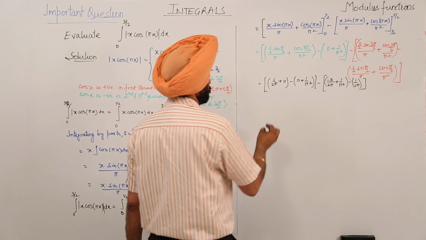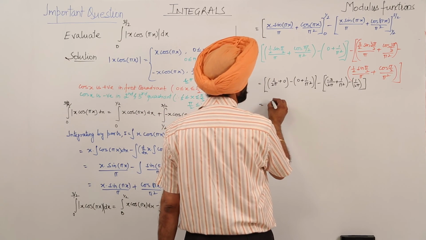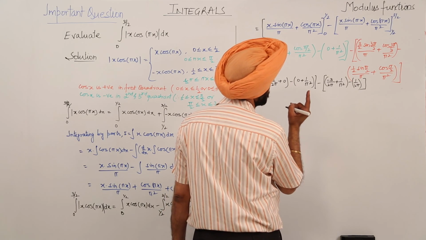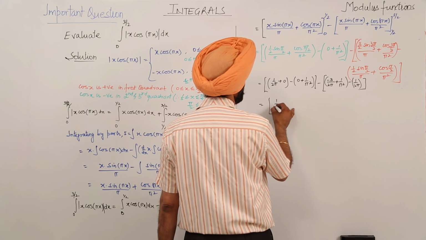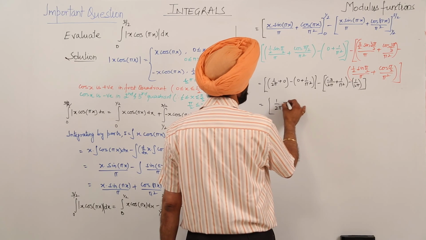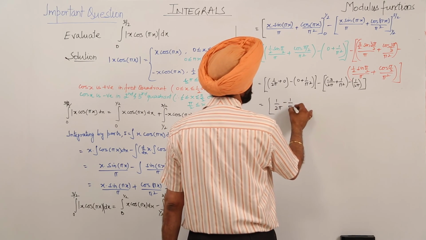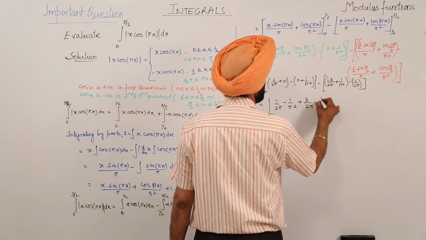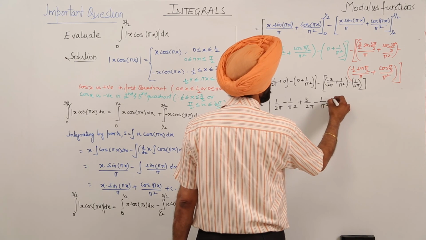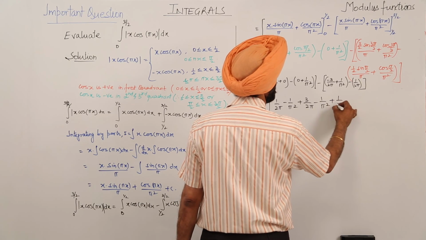Okay, now this becomes 1 upon 2 pi minus 1 upon pi square plus 3 upon 2 pi minus 1 upon pi square plus 1 upon 2 pi.